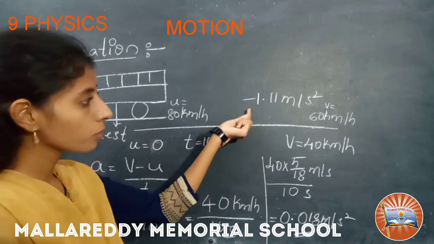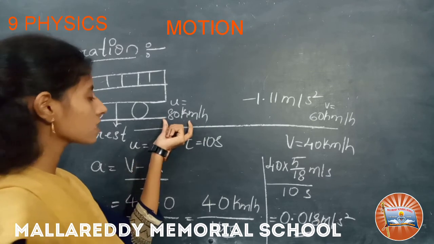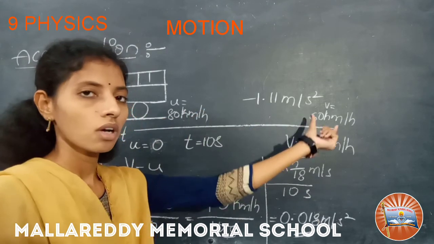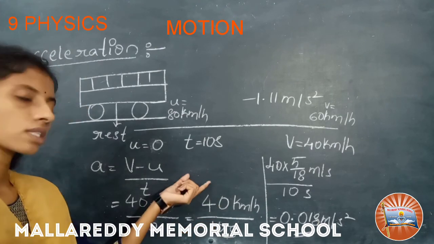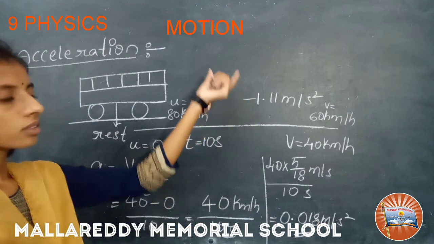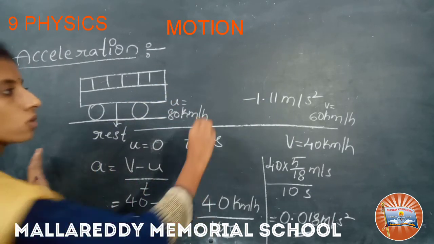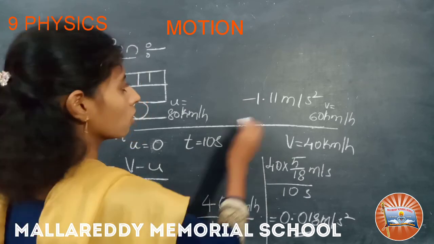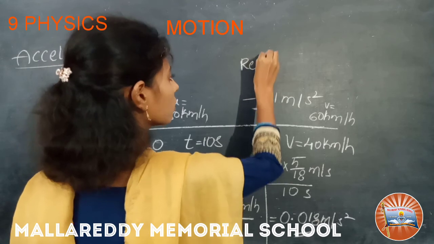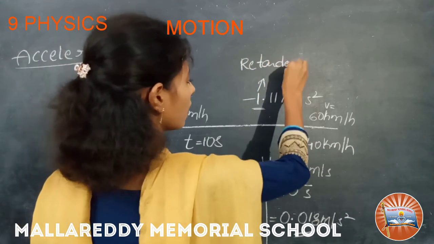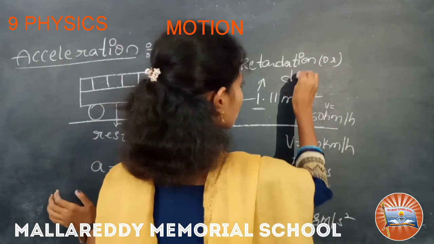Before, we got a negative value, so there the speed of the bus decreased from 80 to 60. We can say this is the retardation, right? Or we can also say deceleration, okay? So I want to write: when we get a negative value like this, we call it retardation or deceleration.